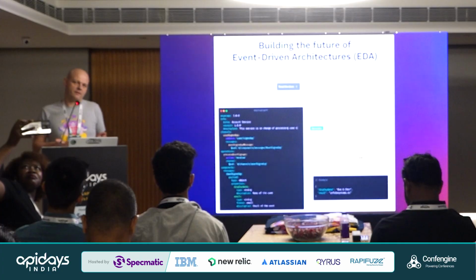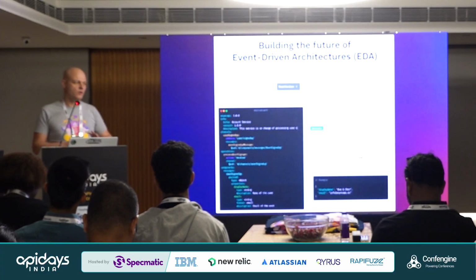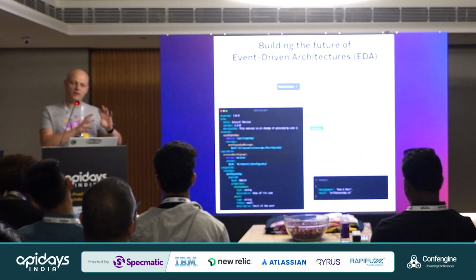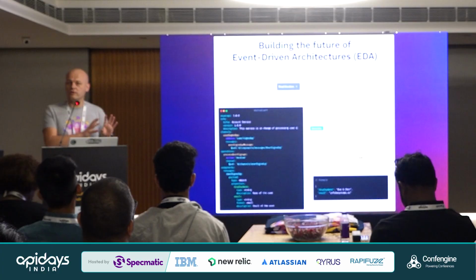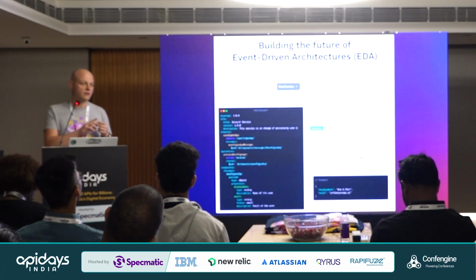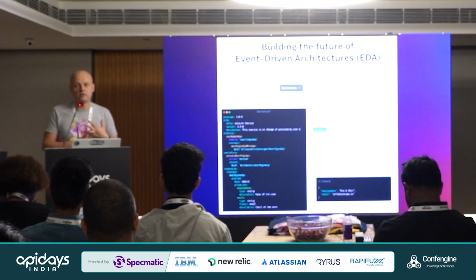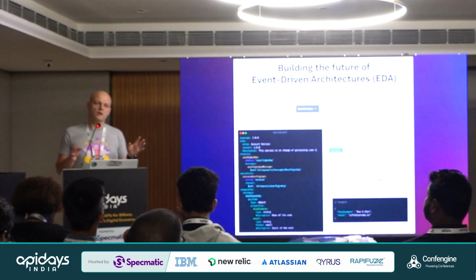So AsyncAPI, it's just like OpenAPI. It's inspired basically by OpenAPI, but it's different because AsyncAPI is designed for event-driven architectures. So all the different protocols you use for asynchronous communication, like WebSocket, Kafka, MQTT, basically you name it. There's a huge zoo of different protocols.